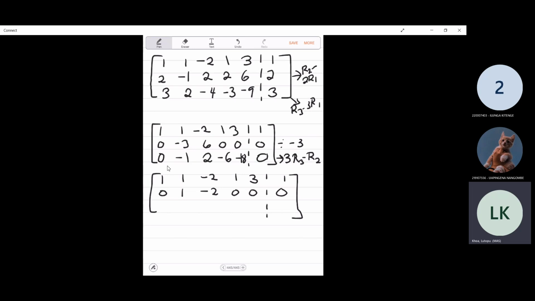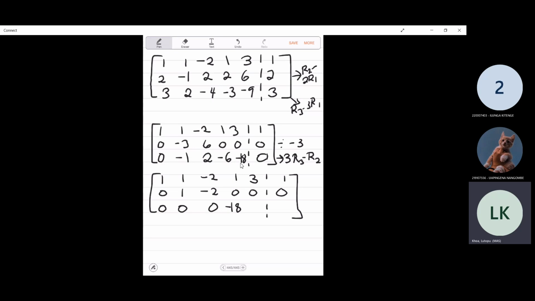0. Then the next row here I have 0, then minus 1 times 3 is minus 3 minus negative 3, that is 0. Then 6 minus 6, this is 0. Then I have negative 6 times 3 is minus 18 minus 0, just minus 18.